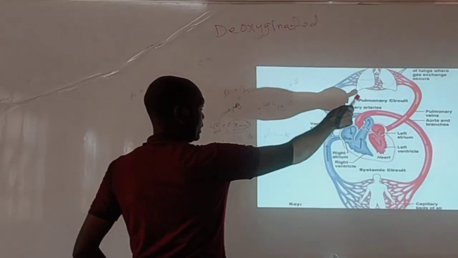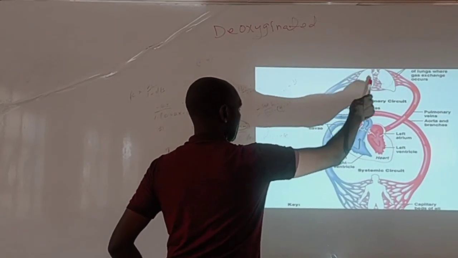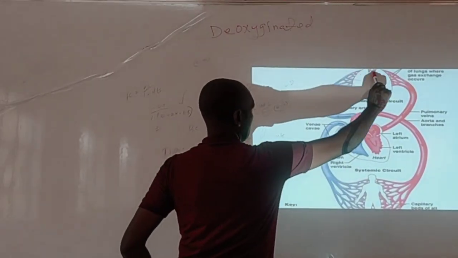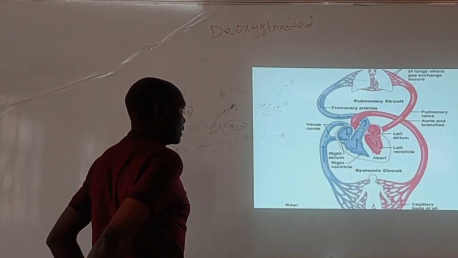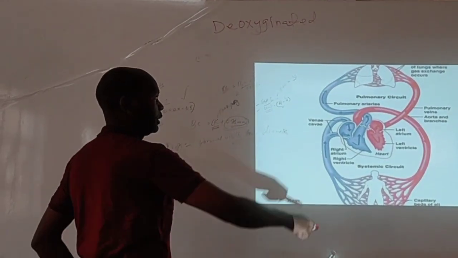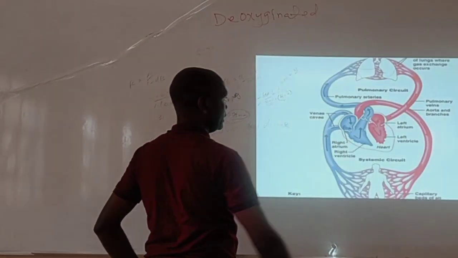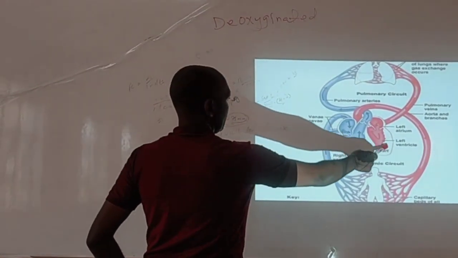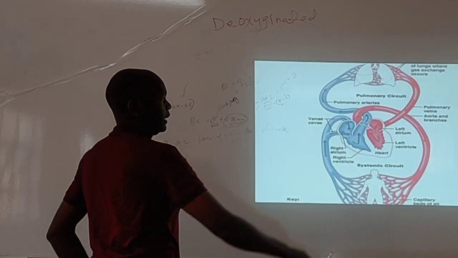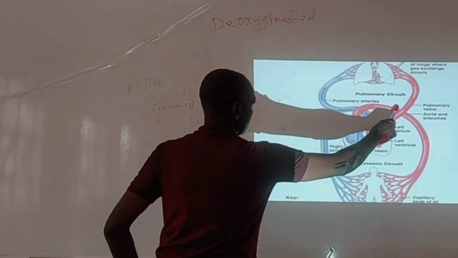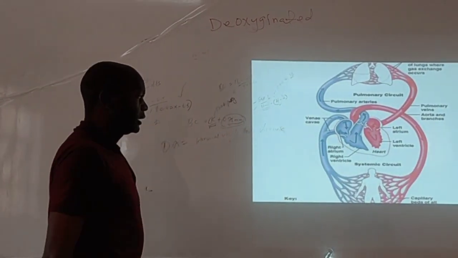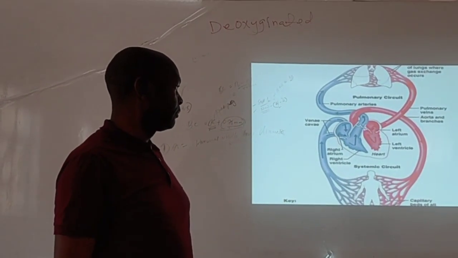And once it has collected oxygen from the lungs, it comes back into the heart, that's the left atrium, through the pulmonary vein, goes down into the left ventricle, and then it's pumped through the aorta to the entire body.